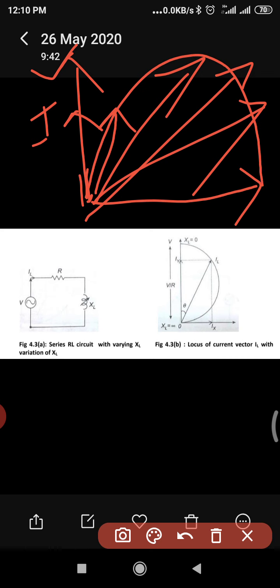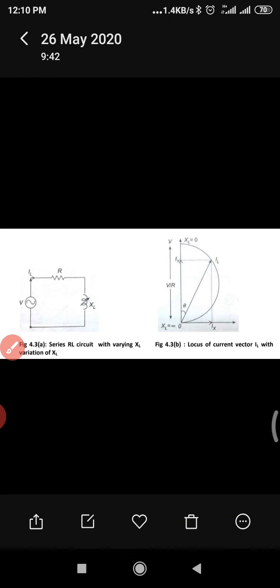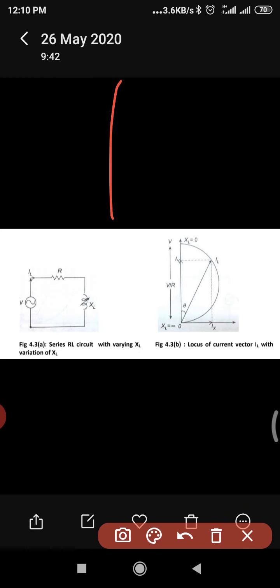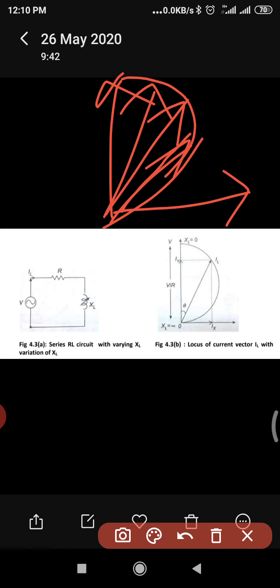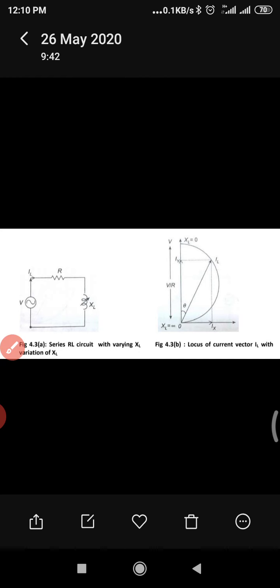If we attach all these points, we get the locus diagram. We have to consider magnitudes also, not only phasor diagrams. That's why we get the semicircle shape. At the time of XL equal to 0, we get this point. Now if you increase it, this is the way of applying the locus diagram for the given circuit.